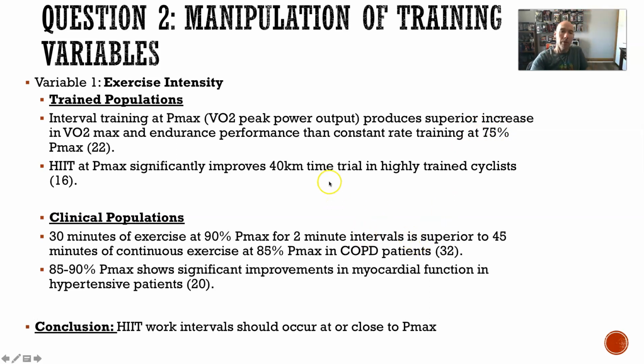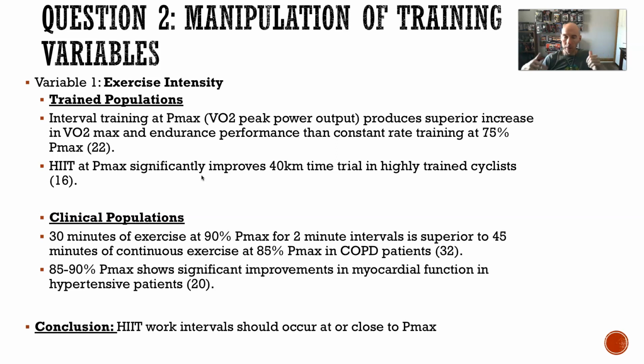Other studies found that you had to actually do the full Pmax. Hitting the Pmax was required to significantly improve the time trials, okay? So essentially what that shows us is in order to really get the benefits of HIIT training, it has to be somewhere between 75% and 100% of the Pmax.